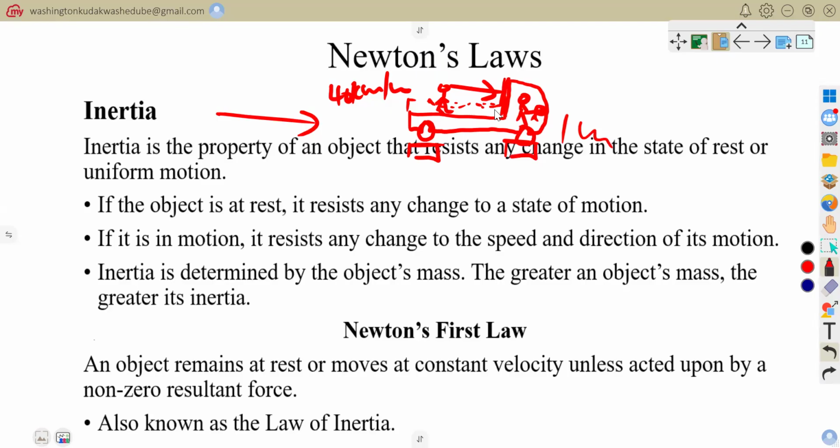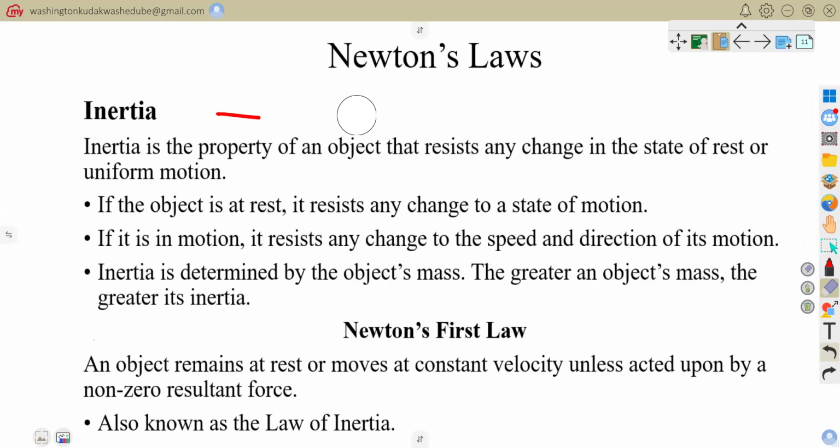So the question would be, what causes that motion? What causes you to move forward naturally or unaided when brakes are applied? And the answer would be that it's inertia.